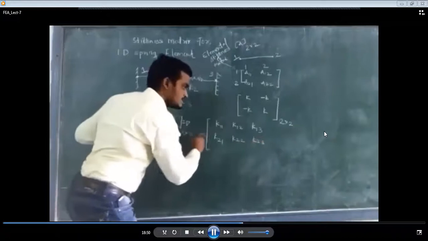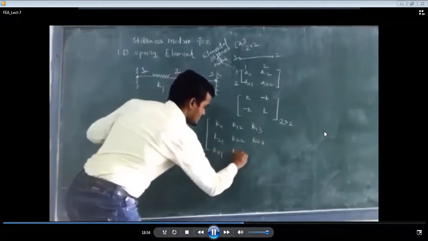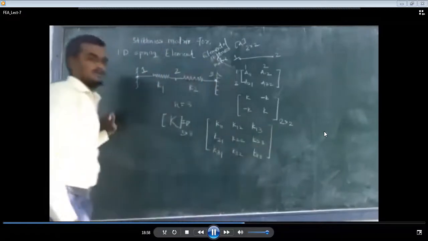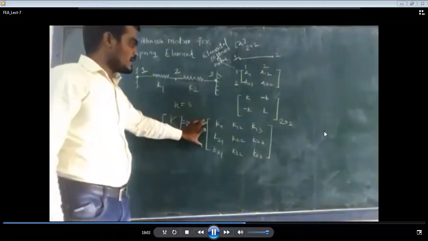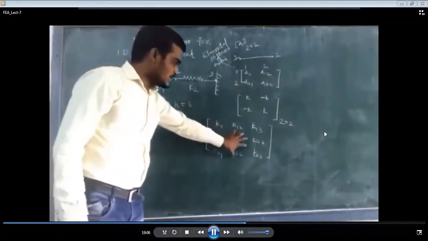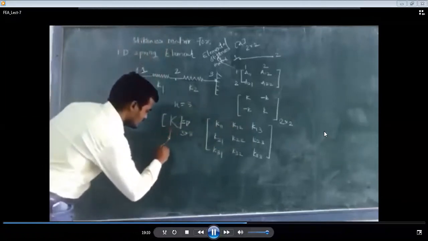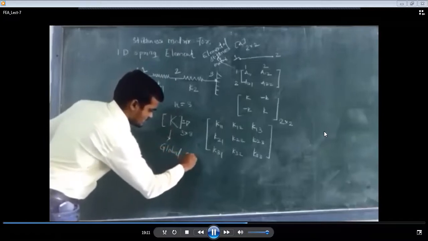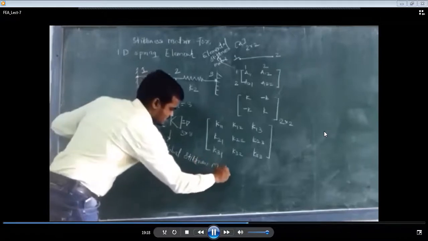Let us see this: K11, K12, K13, K21, K22, K23 up to K33. These are the elements of the global stiffness matrix K, and its order is 3 by 3.